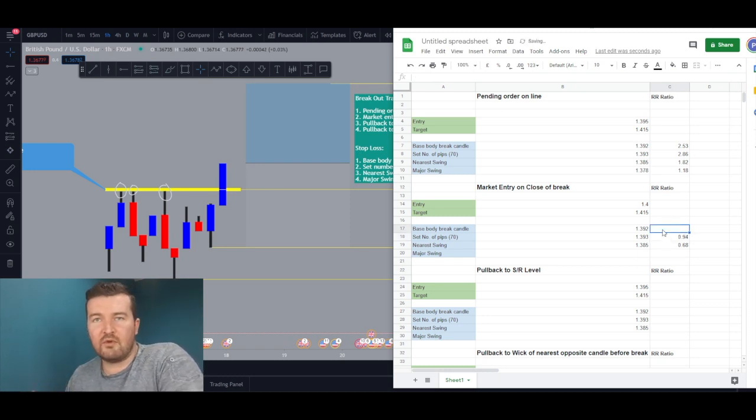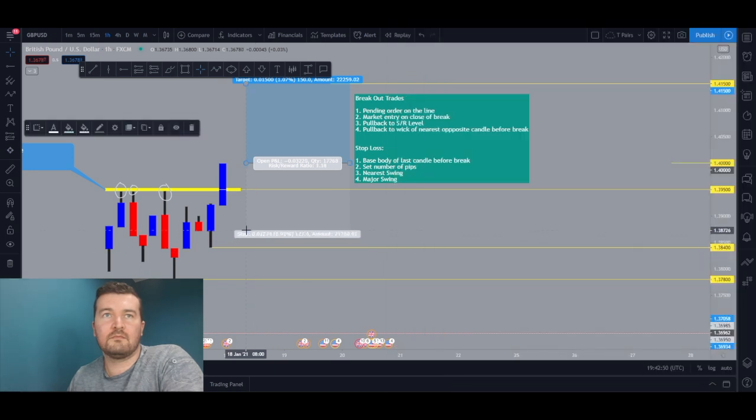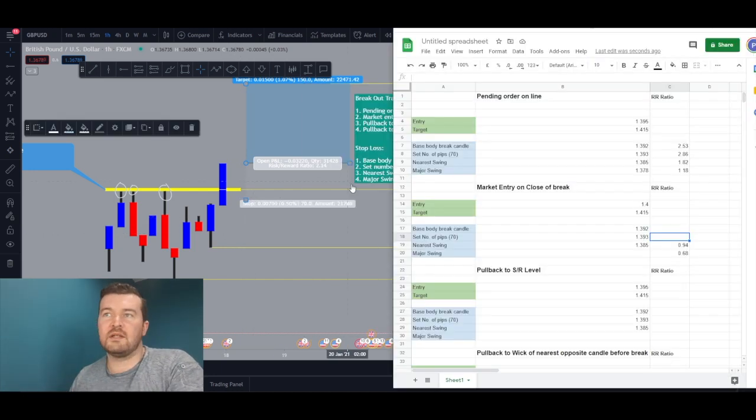The base body break candle is 1.16. The set number of pips being 70 makes it 2.14. And the base of the break candle makes it 1.16.